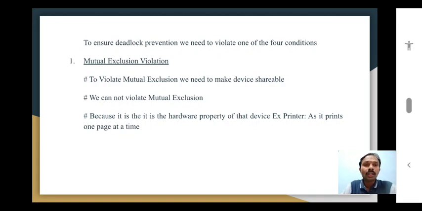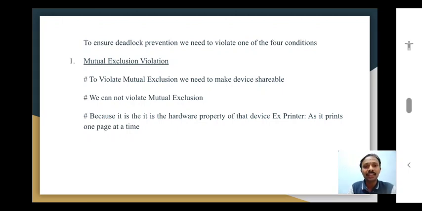Now in mutual exclusion violation, the question is, can we violate the mutual exclusion? The answer is no. We cannot violate the mutual exclusion, because it is a hardware property. Let us take one example with the help of a printer. If we give the command print to the printer, what is happening there?